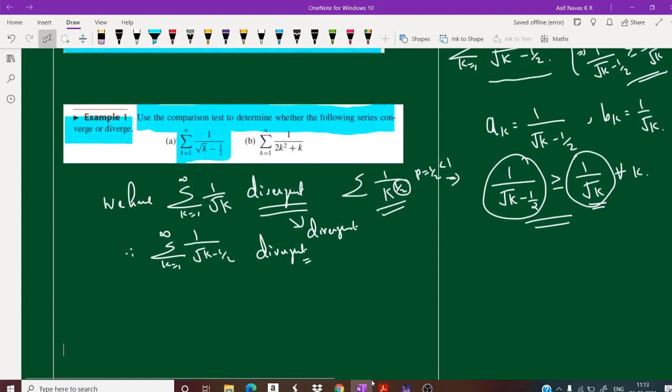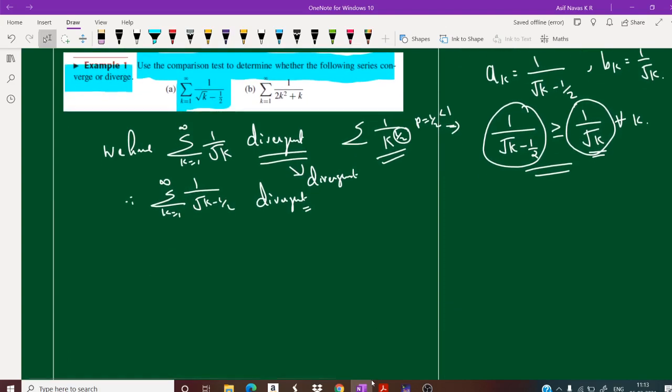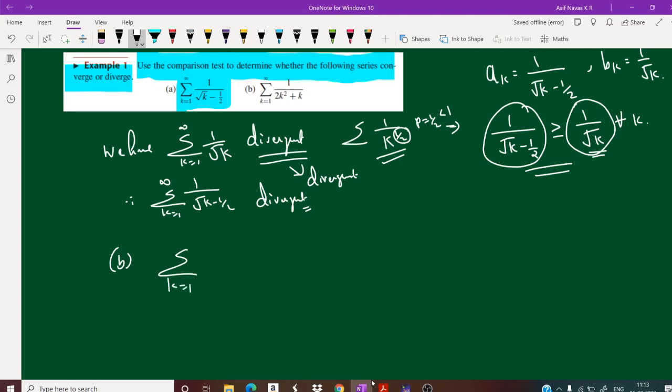Have we got it? Now tell me what about the second question. Sigma k equal to 1 to infinity 1 by 2k square plus k. Is it convergent or divergent? Can you guess?